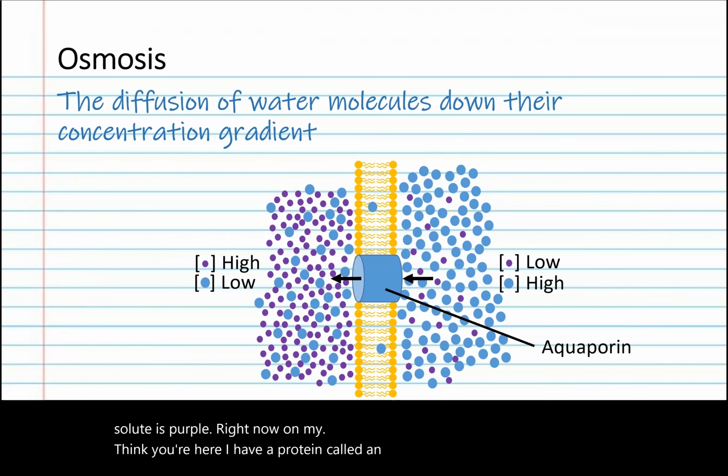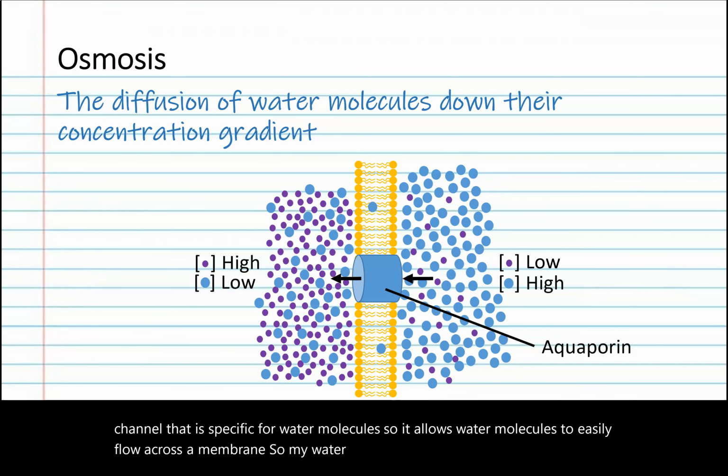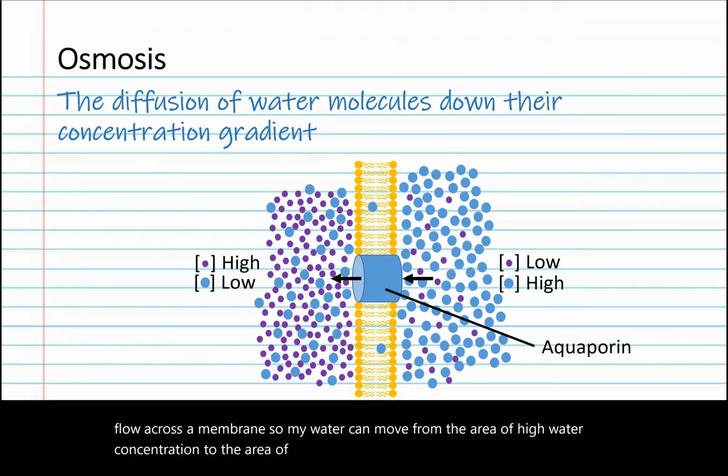An aquaporin is a channel that is specific for water molecules. So it allows water molecules to easily flow across the membrane. So my water can move from the area of high water concentration to the area of low water concentration. It's all relative, right? Based on the relationship across the membrane.